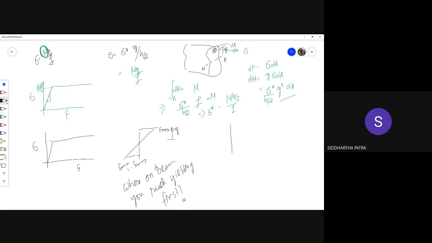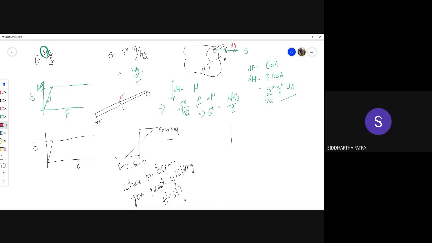If you have the entire beam, at which point do you have the first yielding? The answer is simple: wherever the stress is highest within the elastic limit. And for a 3-point bending situation, that is in the middle and at the maximum height. Right there is where you reach the yielding first.